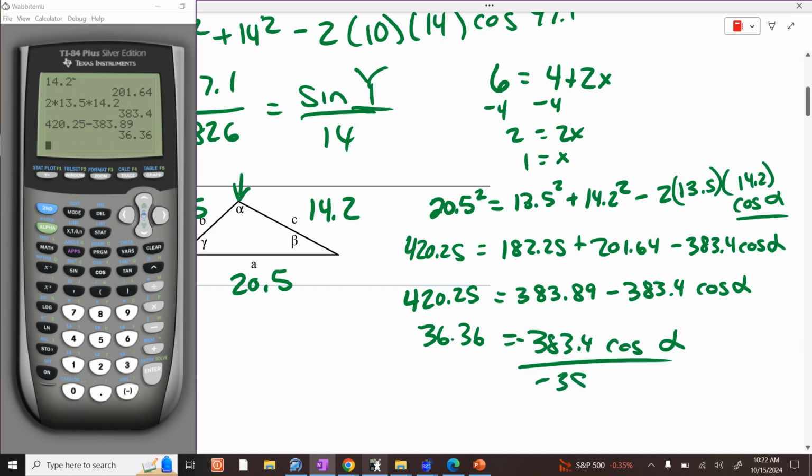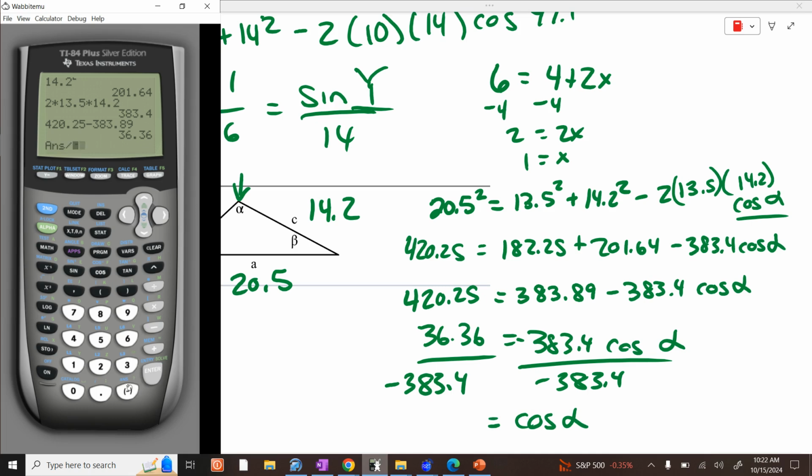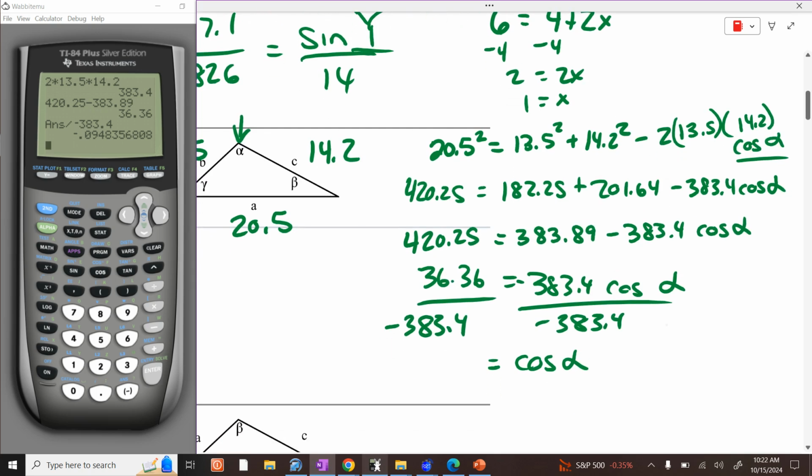Divide by negative 383.4. So the cosine of alpha equals, it's a crazy decimal, negative 0.09484.